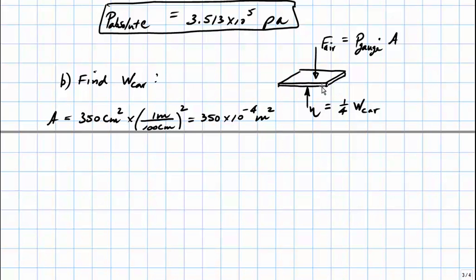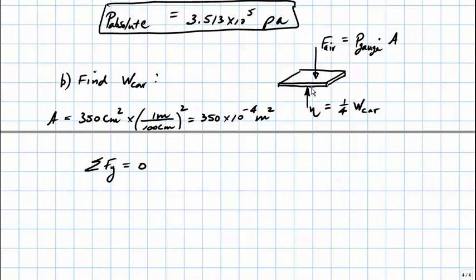We're now ready to apply Newton's second law. Let's note first of all that this pad of the tire is in static equilibrium. Therefore, if we add the forces in the y direction, they will equal 0.